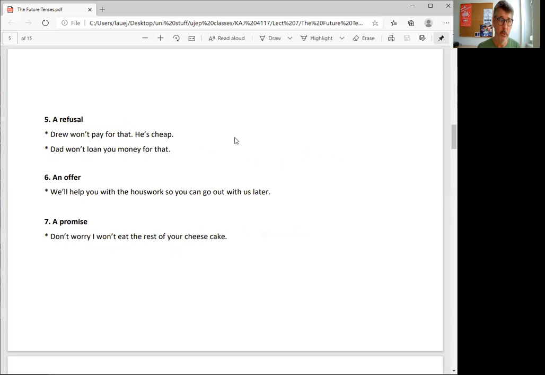We can also use it in a refusal. If you refuse something, we very often use the negative here. The best way to learn these rules is to think of them, learn examples, and create your own examples. Here we have: Drew won't pay for that.